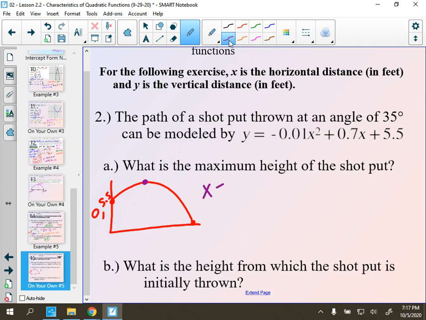I got to go through that process of opposite of b. So opposite of 0.7 is negative 0.7 over 2 times negative 0.01. So do that calculation, 2 times negative 0.01. I'm getting, as a denominator, negative 0.02, negative 0.7 up top.